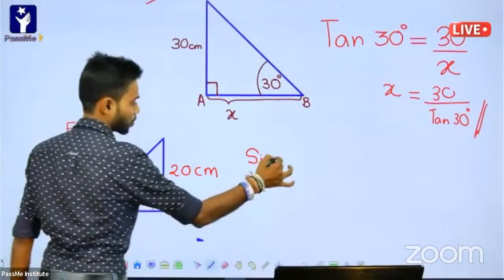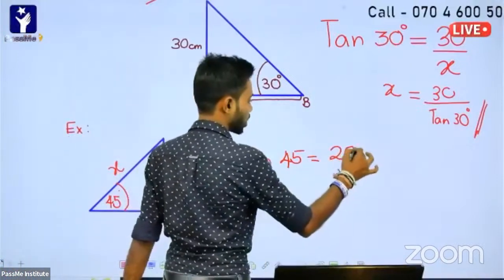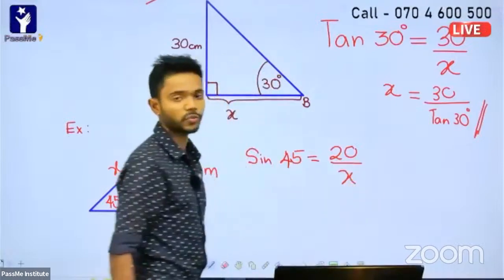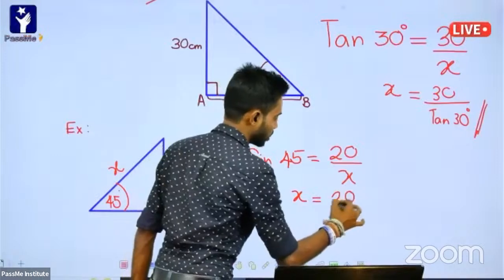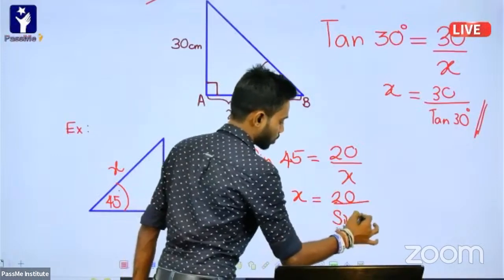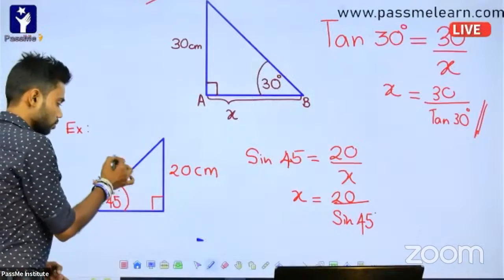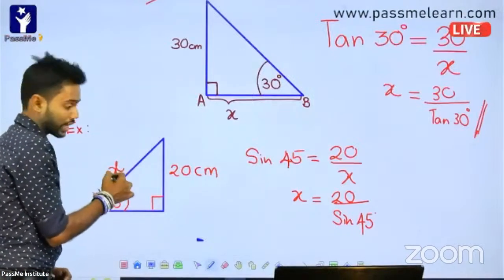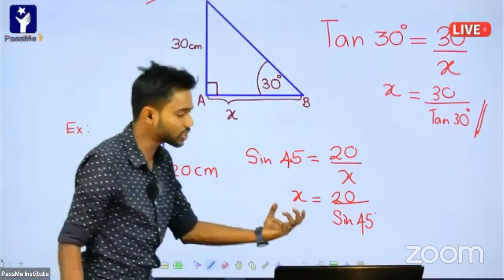Sin 45 is equal to the opposite side, say 20, divided by the hypotenuse x. So in order to find x, you can take this one as x here, and 20 divided by sin 45. Okay, very easy. Now we can find the x hypotenuse, this distance, using this relationship.